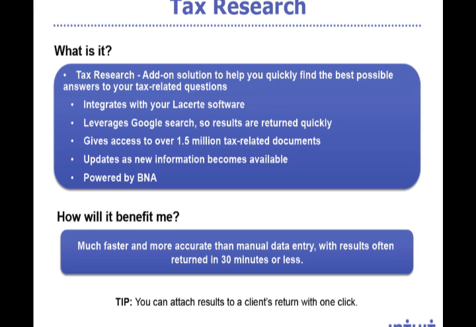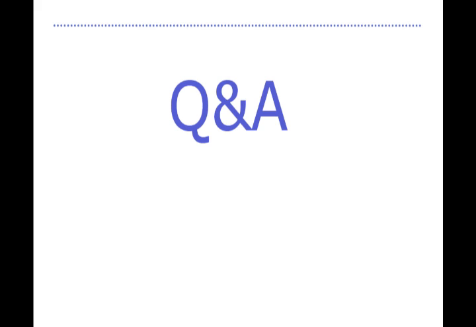We talked about Modernized E-File and some of the new e-file returns and forms. We talked about some of the new offerings like the Tax Import 25 and the Lacerte 200 bundle. We talked about various ways you can import information into the program and also about researching answers for tax information.